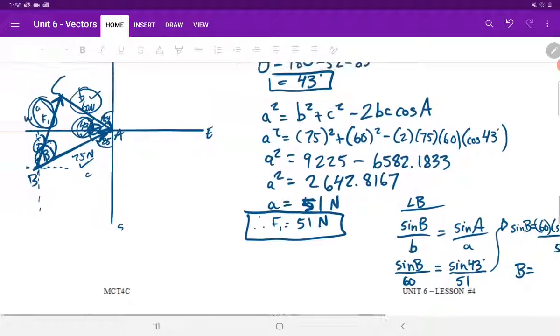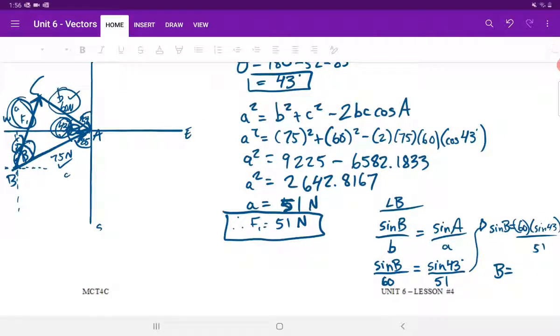So 60 times sine 43 divided by 51 is .8024, which is 53 degrees. All right, so we got 53 degrees, which is angle B.